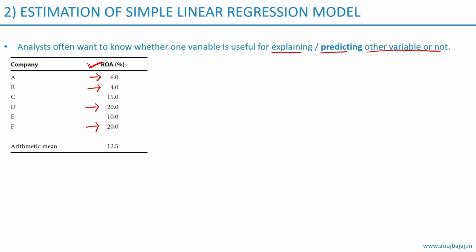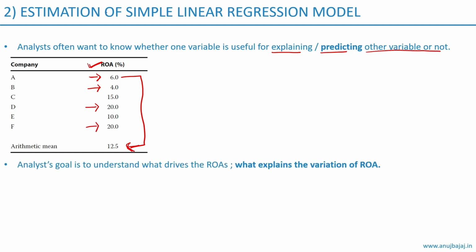Instead of comparing each company's ROA with other companies, a simple way is to compare the ROA of each company with the arithmetic mean and try to figure out why there is a deviation, why there is a variation of each company's ROA from the arithmetic mean.